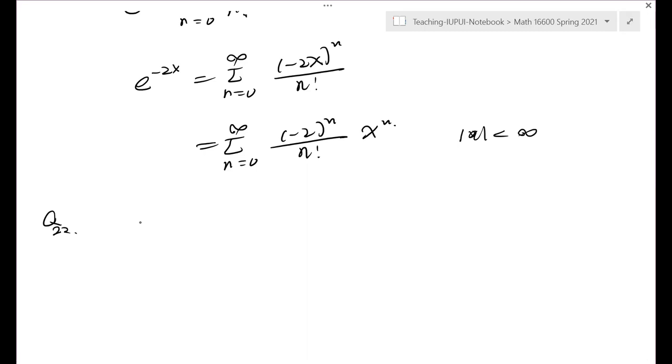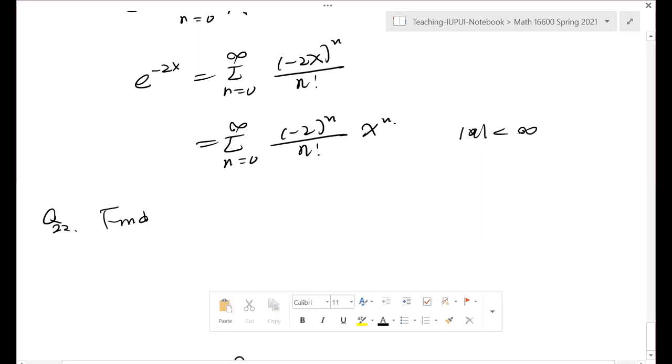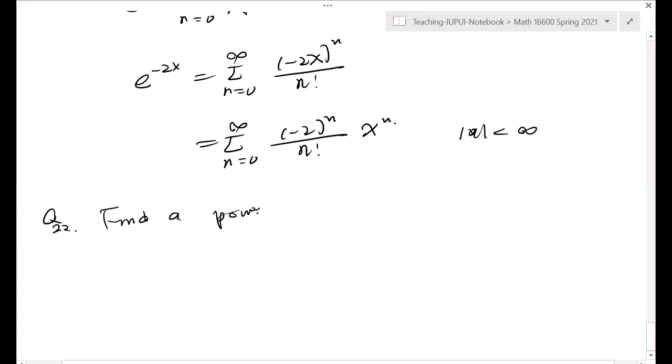All right. So find the power series representation for the function f of x.